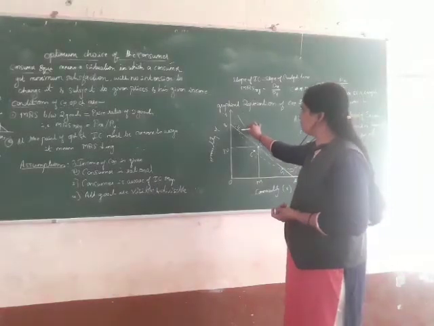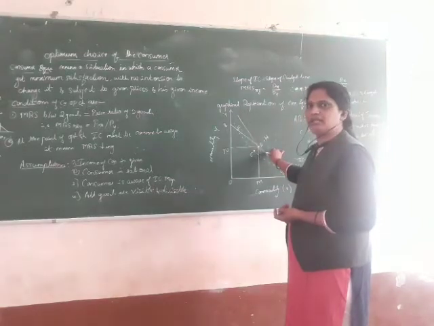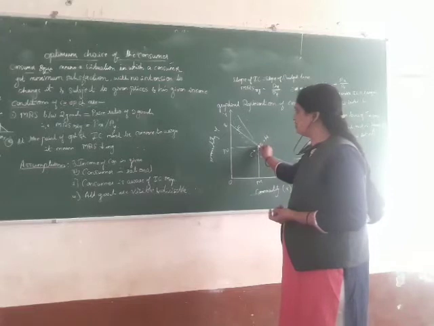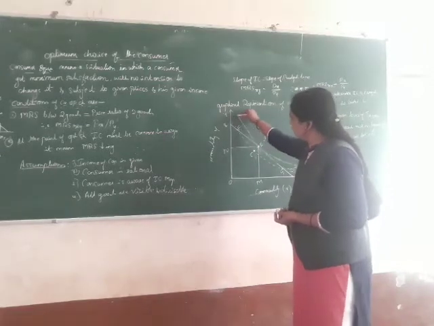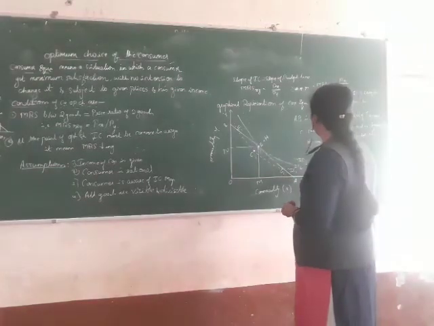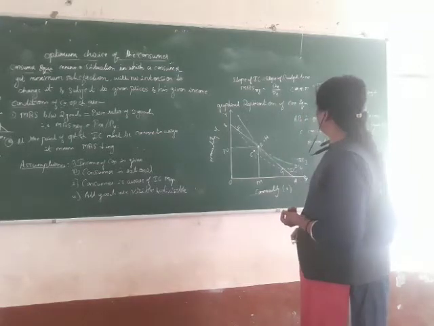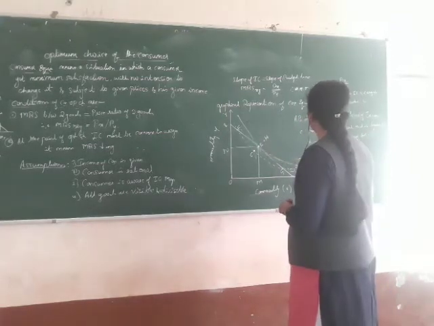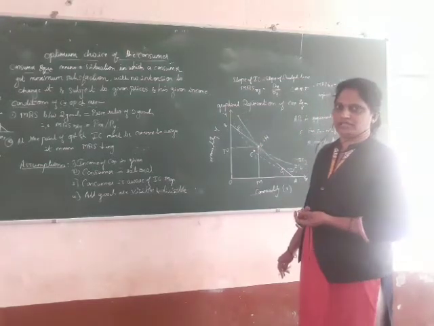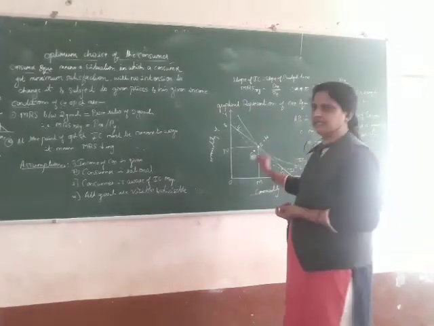If the same consumer moves from F to E and from G to E, where his cost is equal, this point E is on a higher IC curve, that is IC2. At this point E, the IC curve is tangent to the budget line, and it lies on the higher IC curve.